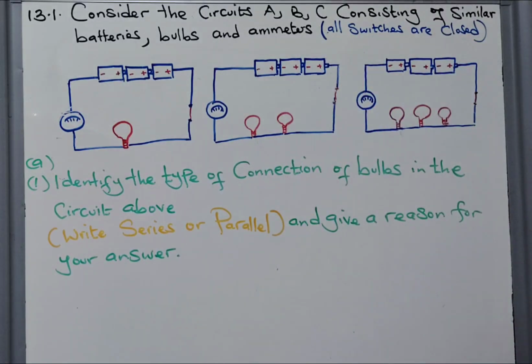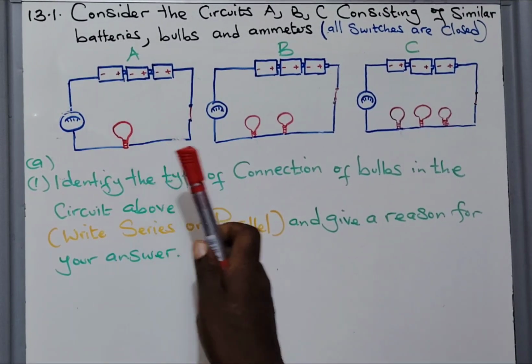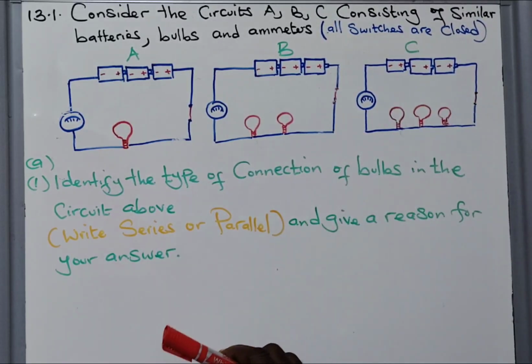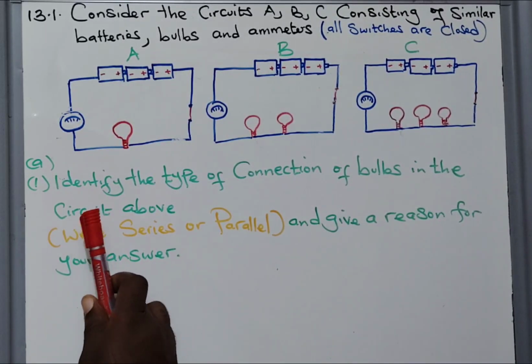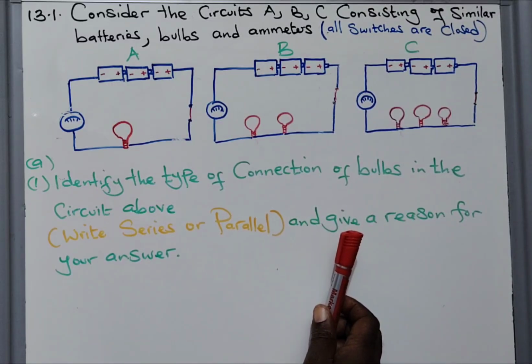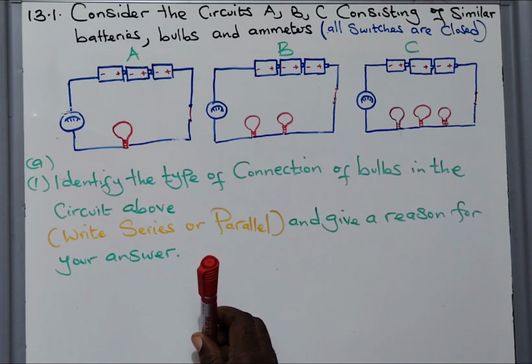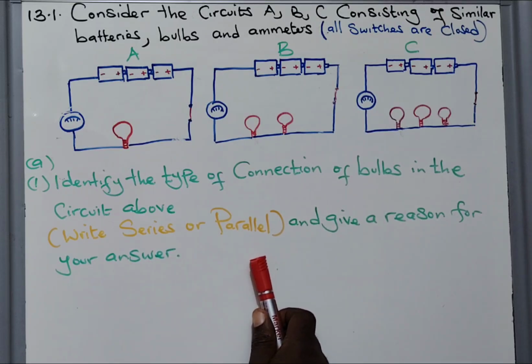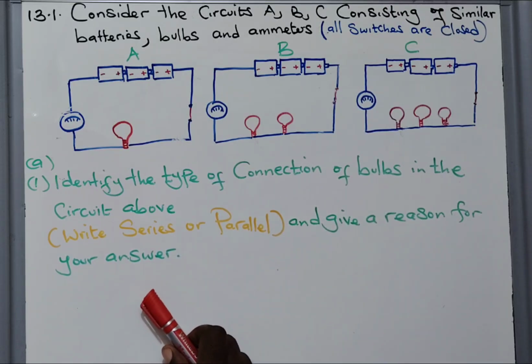These are the circuits we are having, which are A, B, and C. Identify the type of connection of bulbs in the circuit above. Write series or parallel, and give a reason for your answer.